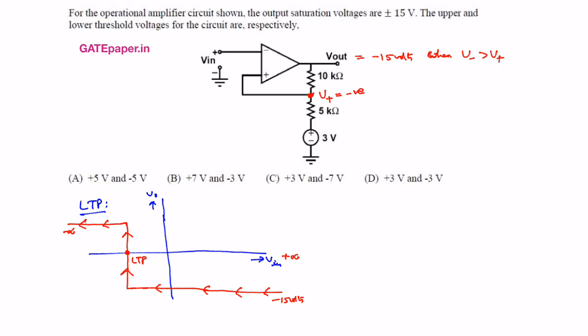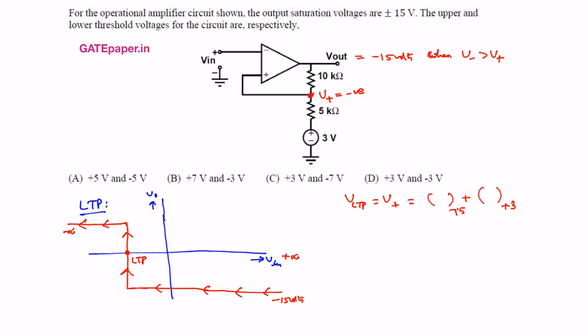So we are going to calculate VLTP. VLTP is nothing but the non-inverting terminal voltage when the output voltage is at minus 15 volts. So VLTP is equal to V plus, calculated once with minus 15, and next with plus 3, using the superposition theorem again.